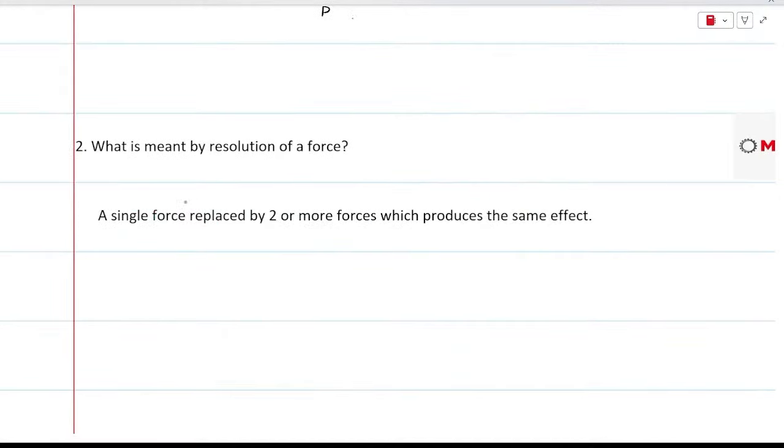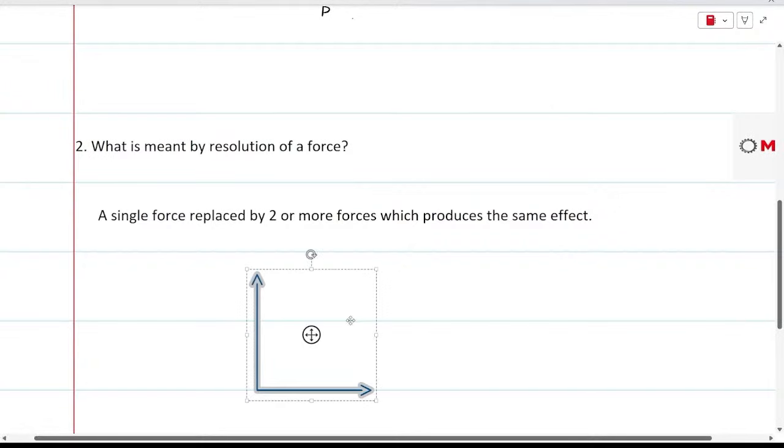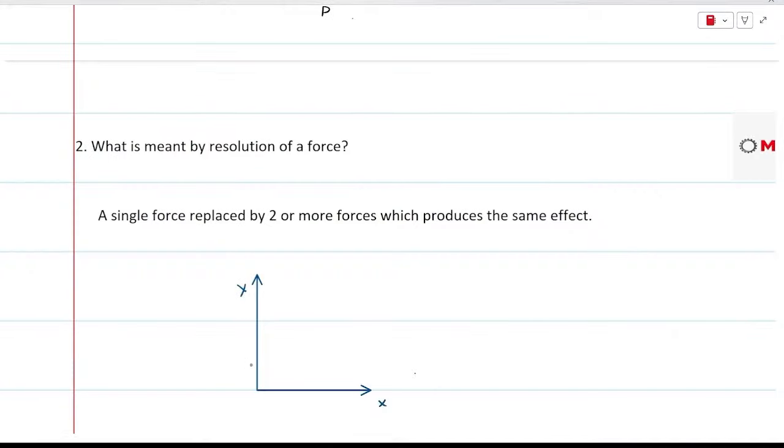Next is the resolution of force. A single force, if it is replaced by 2 or more forces which produce the same effect, is called resolution of force. So for resolution of force, let's say that here this is x and y axis, and this is point O. At point O, there is a force acting.